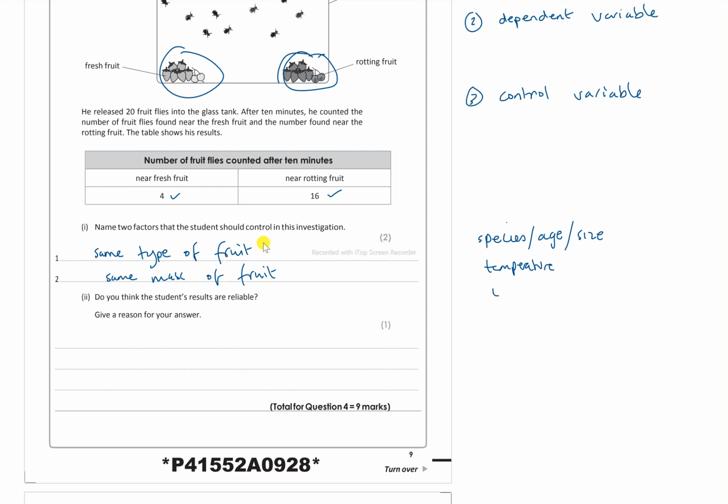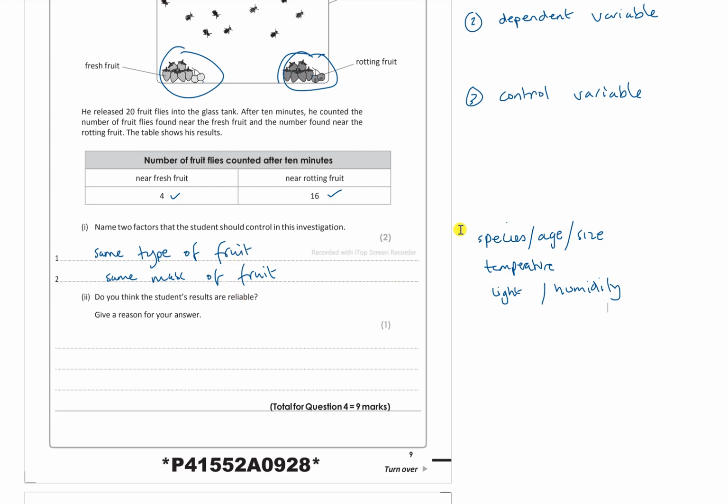You should have made sure that levels of light and humidity were also the same, because these all affect how quickly the fruit might rot even within that short period of time, or how quickly the scent or the smell will evaporate around the glass container that he's got.